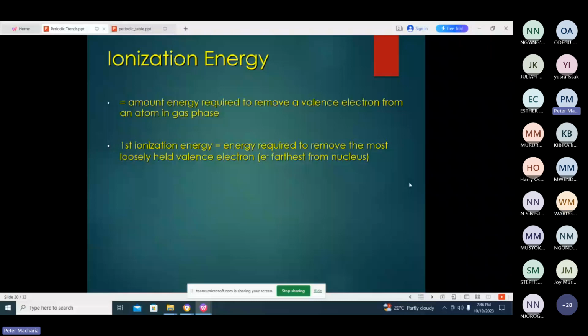Now, the energy required to remove the first electron is what we call the first ionization energy. Once you remove that electron, the amount of energy you now require to remove the second electron once the first has been removed is what we call the second ionization energy, and so forth.